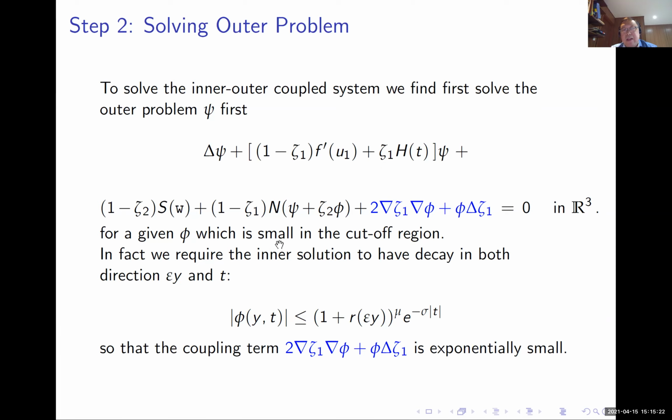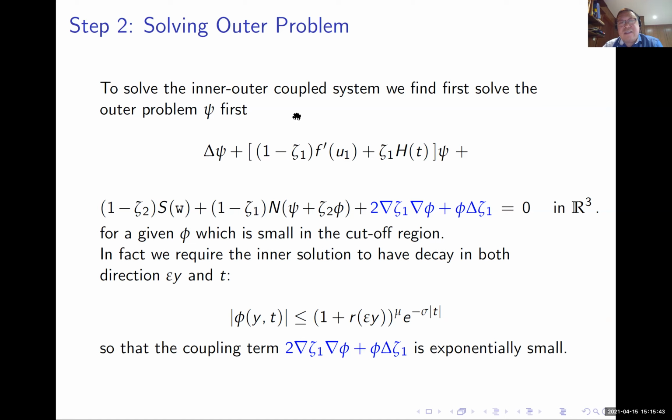Now suppose I already have some decay for the inner problem. Then this cutoff will give me further smallness.